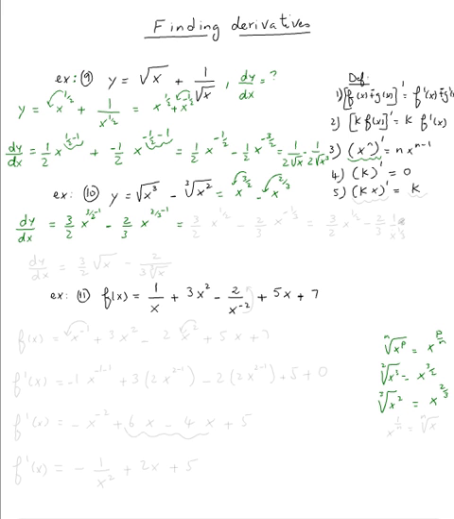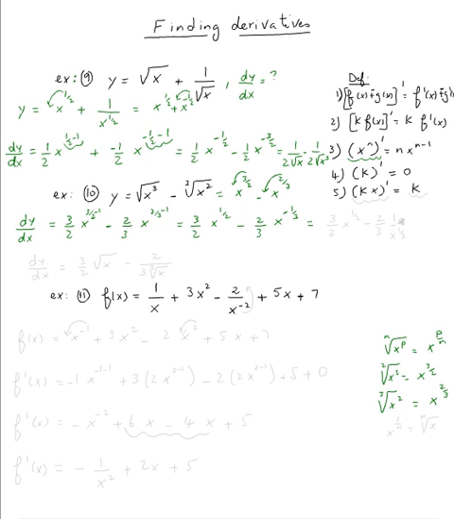One more step, this is 3/2 x. Now 3/2 minus 1 is 3/2 minus 2/2, which is 1/2. Now minus 2/3 x. Now 2/3 minus 1 is 2/3 minus 3/3, which is negative 1/3.